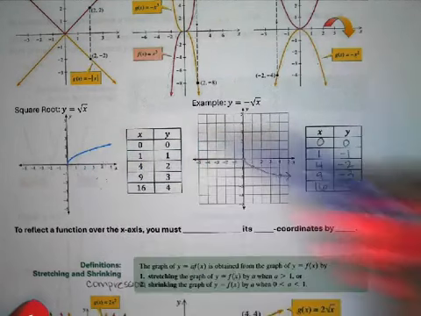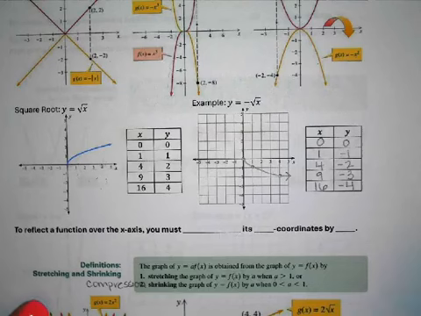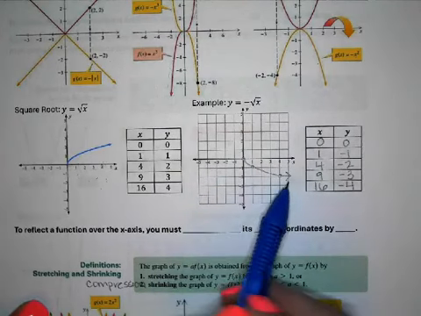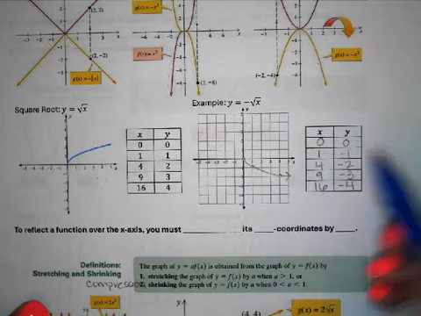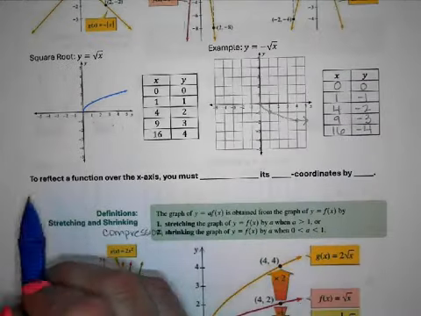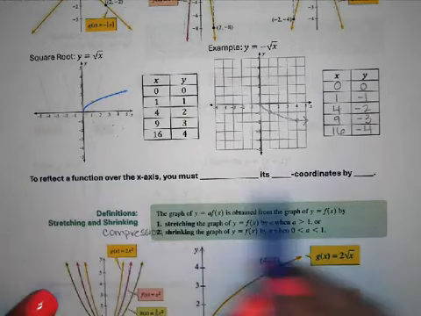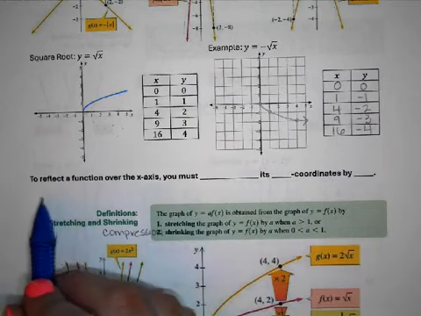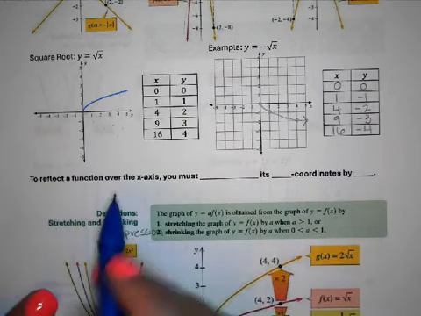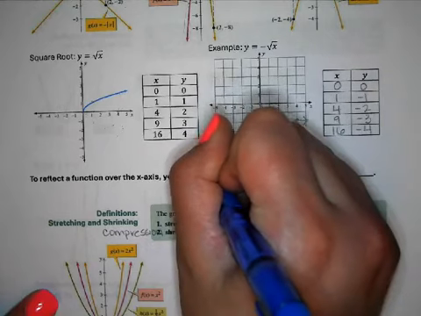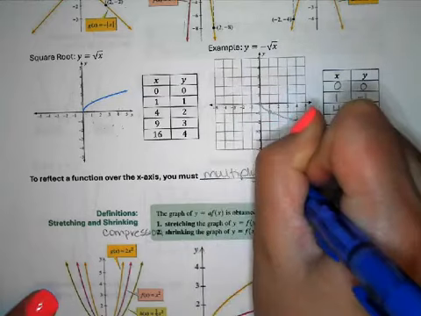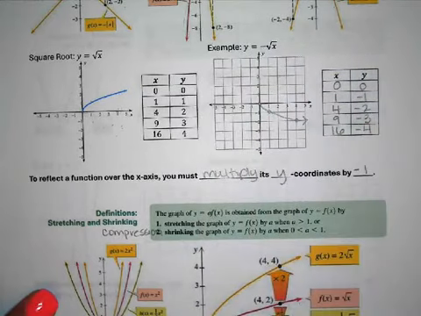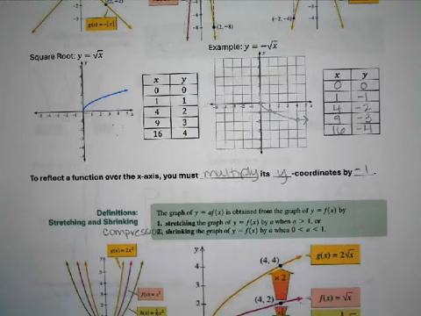So I'm multiplying by -1 to change all of them. And I already have this graphed because I accidentally drew it in before I started videotaping. So we've got that one drawn. So here is kind of a takeaway message from this. To reflect a function over the x-axis, you must multiply its y coordinates by -1. And then you can do any reflection over the x-axis.